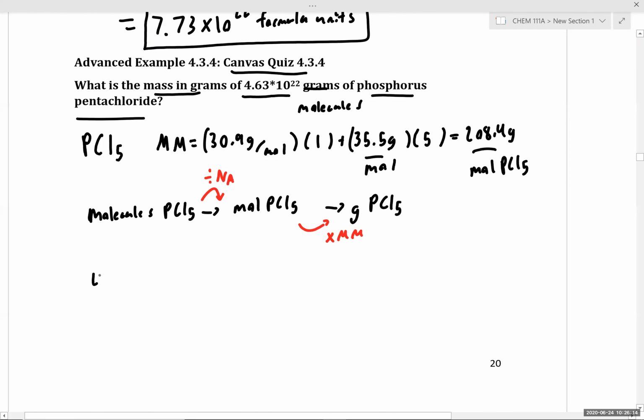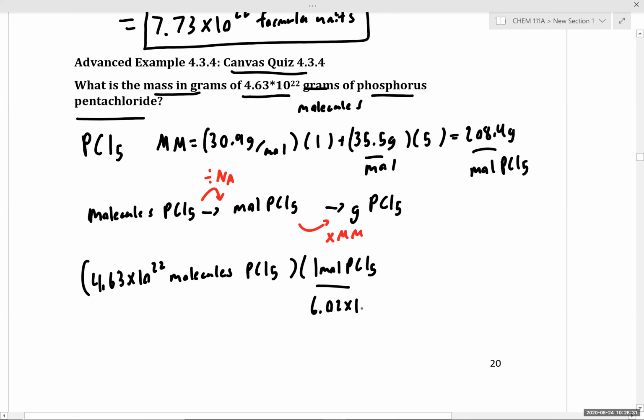So starting with 4.63 times 10 to the 22nd molecules of phosphorus pentachloride, we know that in 1 mole of phosphorus pentachloride, we have 6.02 times 10 to the 23rd molecules.